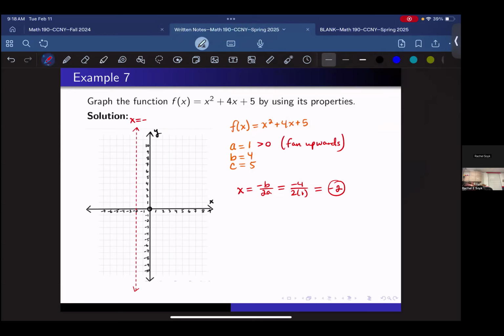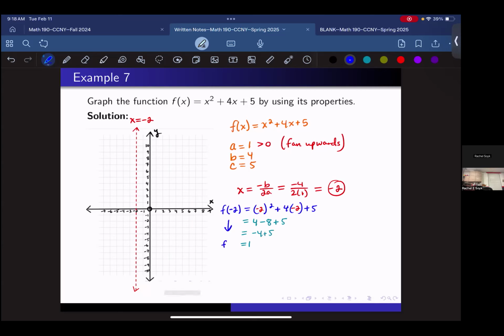Now that we have our axis of symmetry, we can plug this in to find our vertex. What is our function evaluated at negative 2? Wherever you see an x, put in some parentheses, and then inside those parentheses, fill them in with negative 2. So now we're looking at negative 2 squared, which is 4. 4 times negative 2 is negative 8, plus 5. So negative 4 plus 5, which gives you a positive 1.